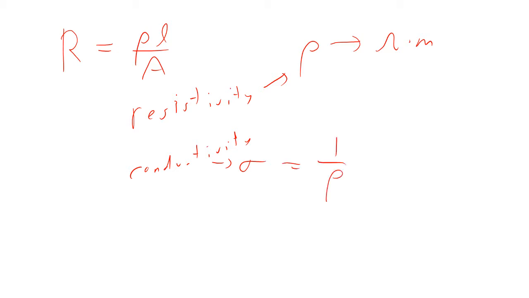So that has units of 1 over ohm meter, or technically it is a Siemens per meter, or sometimes that's written as a mho per meter. These are our units right here.